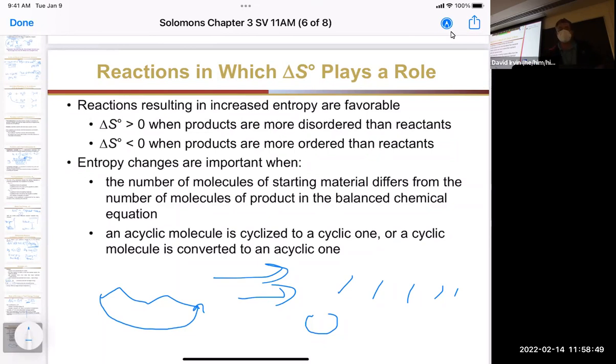So most of the time when we're talking about entropy, if your products are more disordered, with more parts or more fragments, it will favor the product. If entropy is fewer things, then it will favor the reactant.